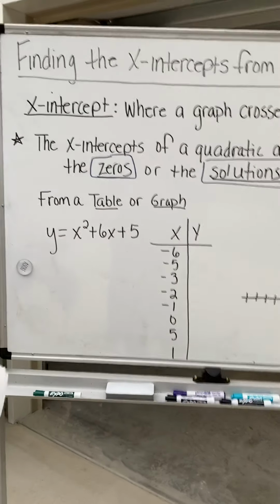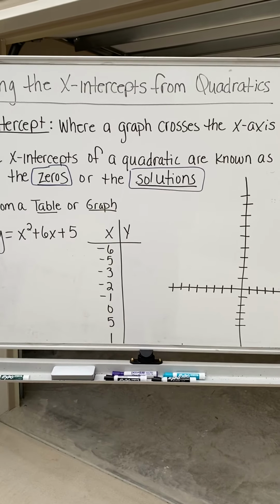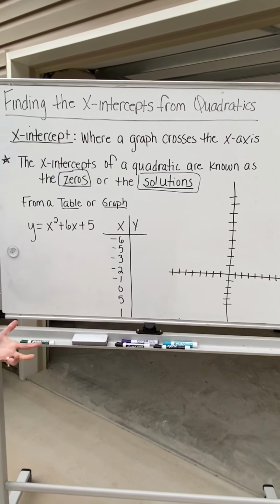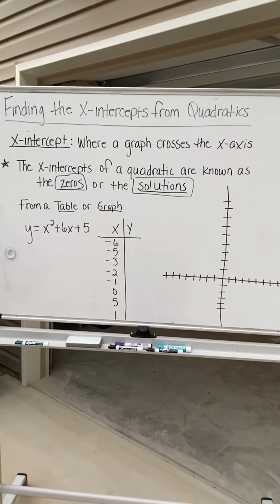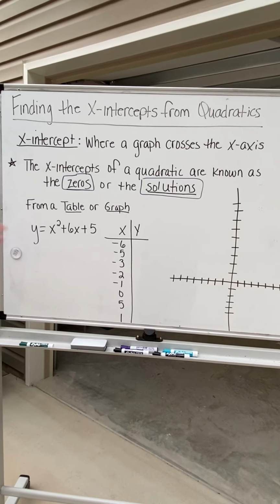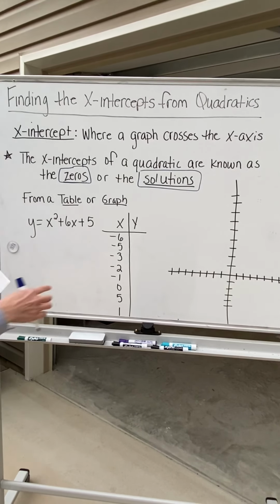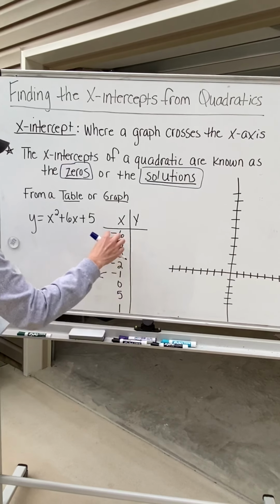It might be the easiest method for you. Go to the Desmos graphing calculator, type this in, the parabola should show up, and you can see exactly where it's going to cross the x-axis, and you would answer that as an ordered pair if that was what the question was asking.